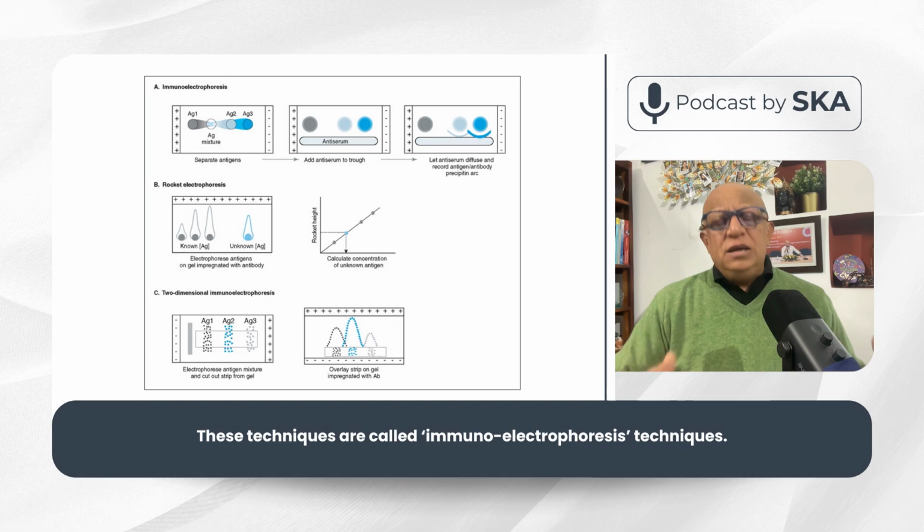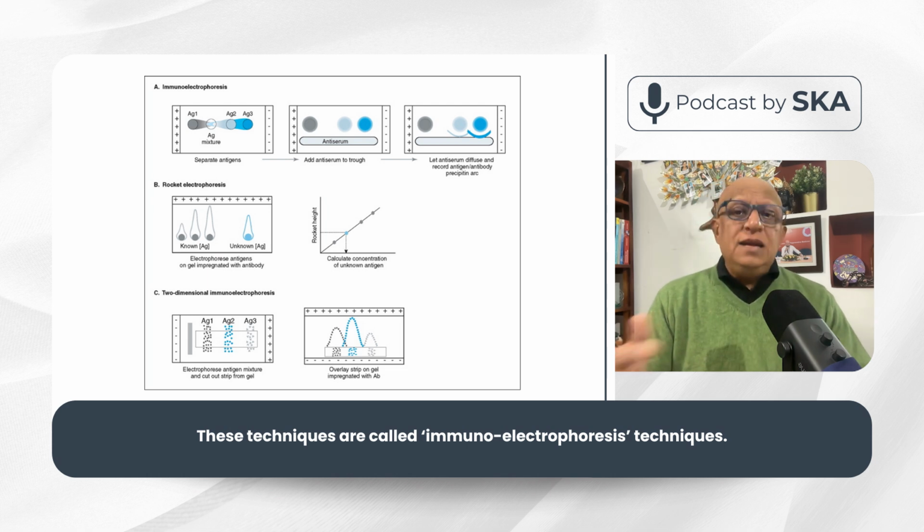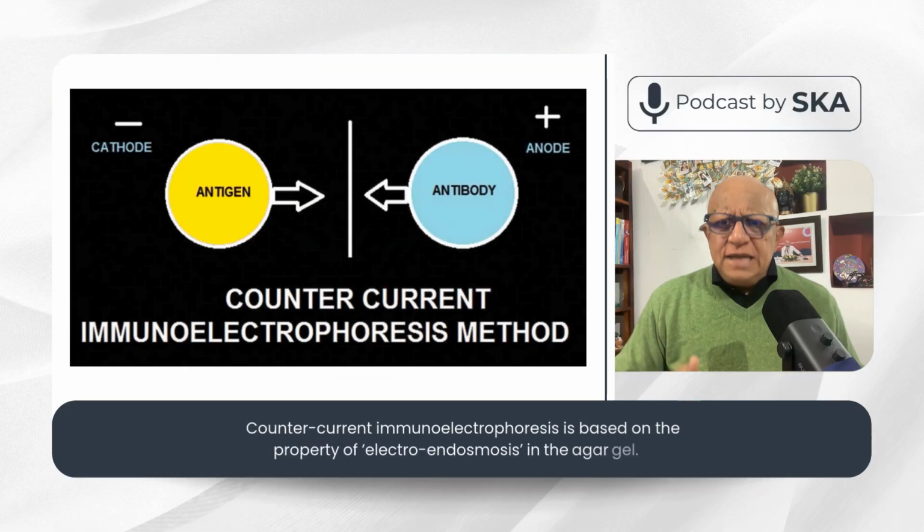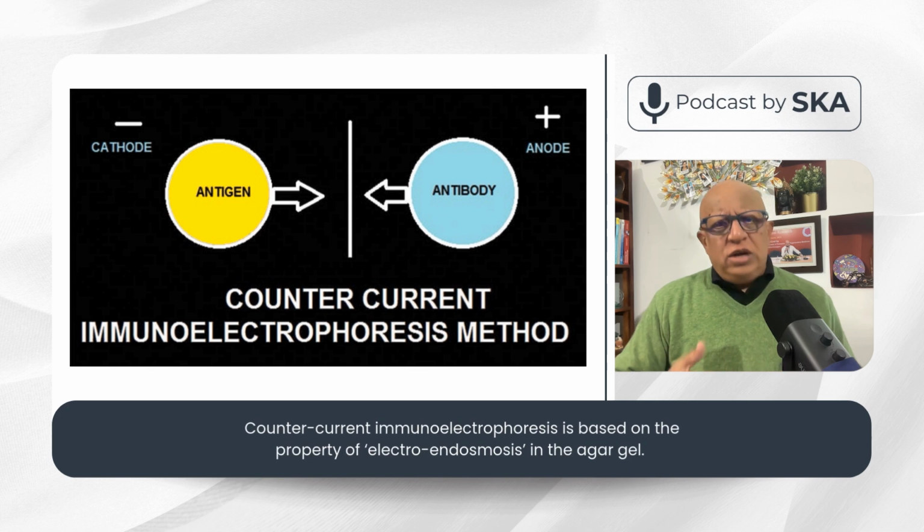So there are many immunoelectrophoresis techniques that were developed, and among them there was simple immunoelectrophoresis, the rocket immunoelectrophoresis, the crossover immunoelectrophoresis, and then came a very amazing technique which is called the countercurrent immunoelectrophoresis. That technique is based on the principle of electroendosmosis.